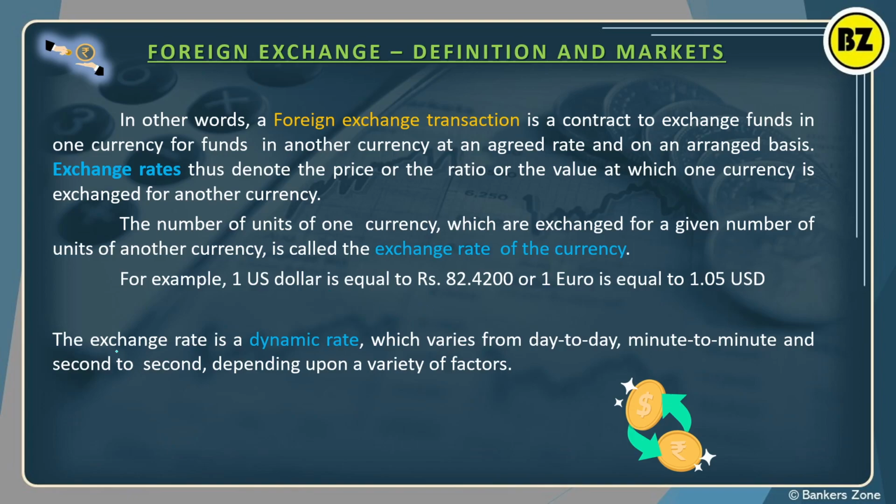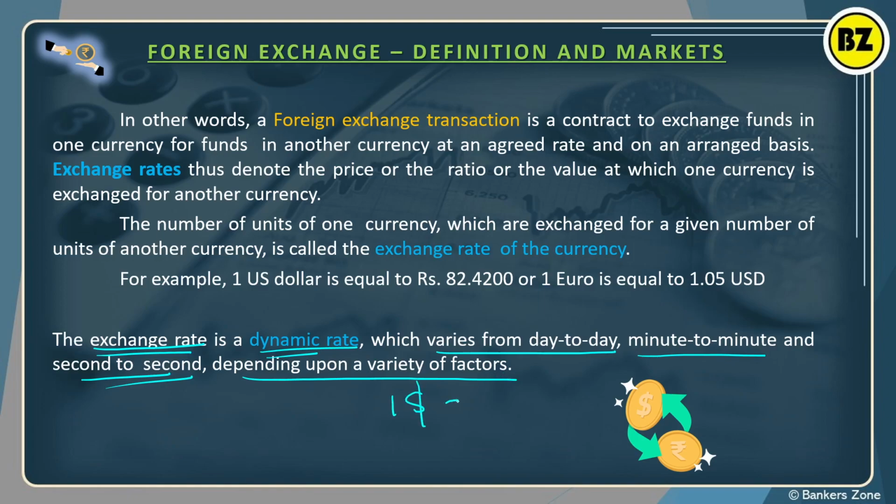In a similar way, the exchange rate is dynamic. That means it is changing. It varies from day to day, from minute to minute, and even from second to second, depending on a variety of factors.